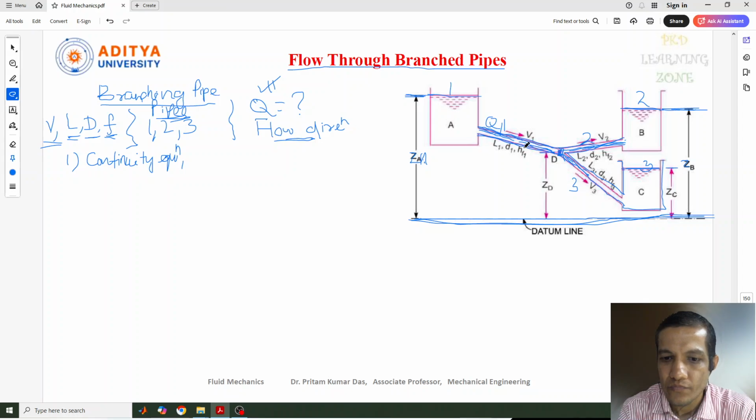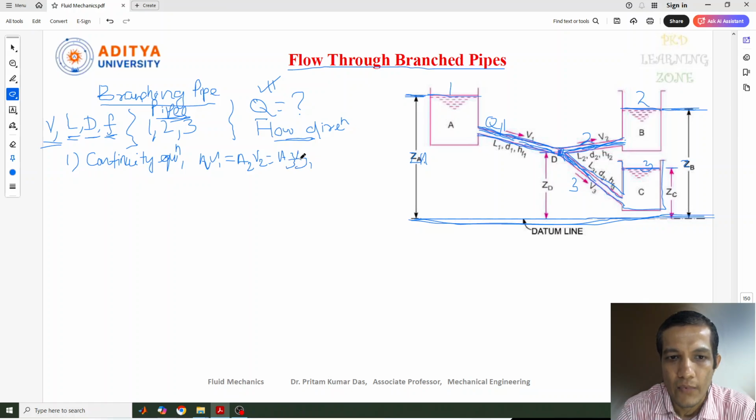That means the discharge from tank 1 and the discharge from tank 2 will be equal to the discharge from tank 3, through this pipe to point C. So for the continuity equation, we know that A1 V1 equal to A2 V2 equal to A3 V3.